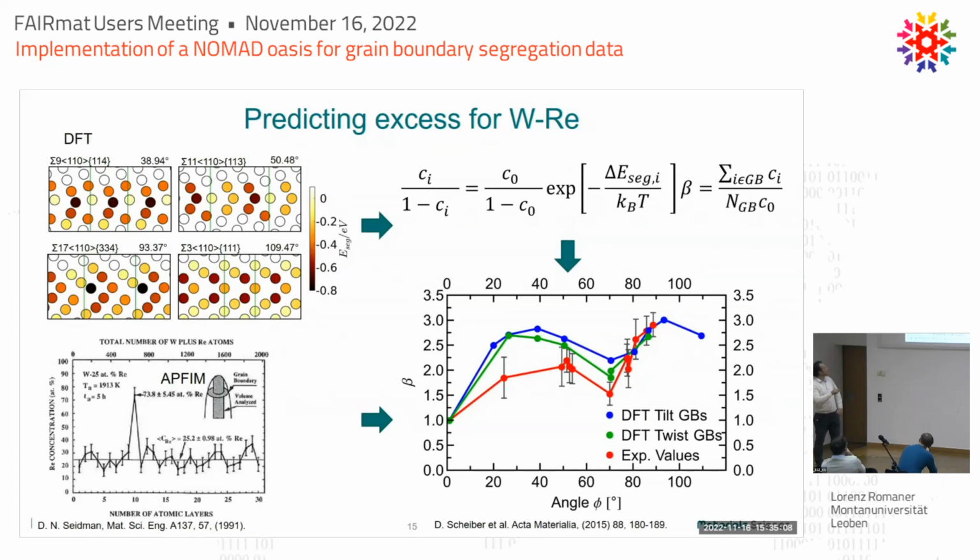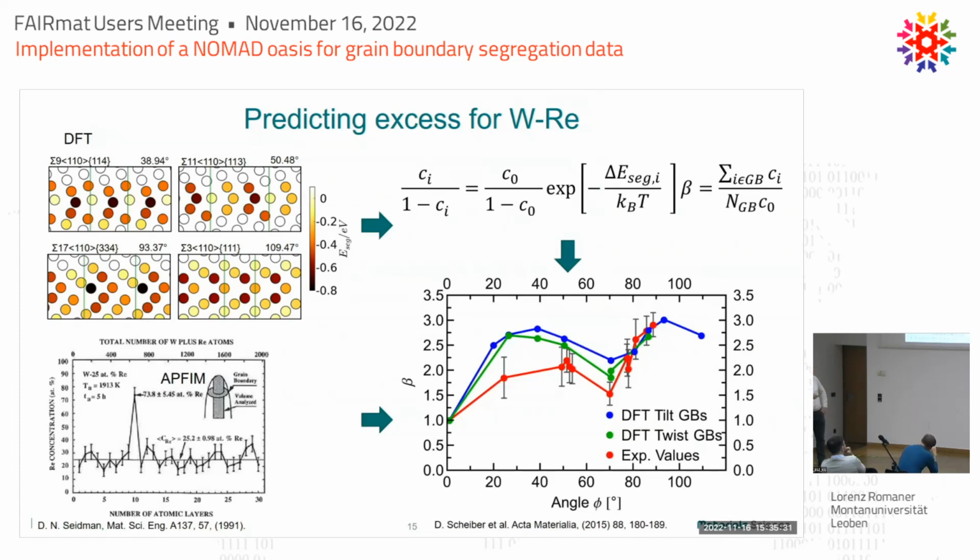This is atom probe field ion microscopy from '91, very early and very nice work, which has shown here for grain boundaries, for example, when we have 25% rhenium inside, at the grain boundary we have almost 75% rhenium, right? Much more. And a lot of grain boundaries were investigated.